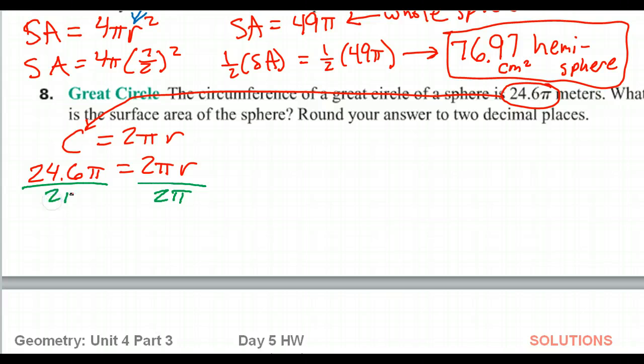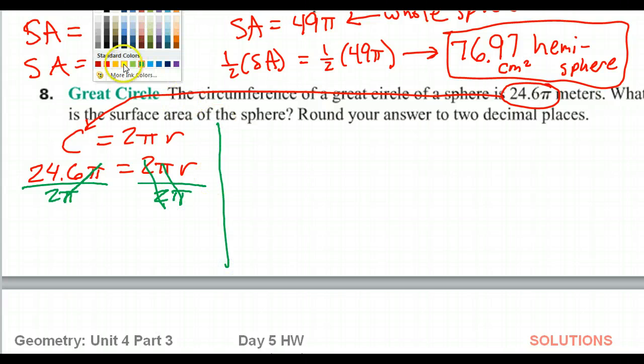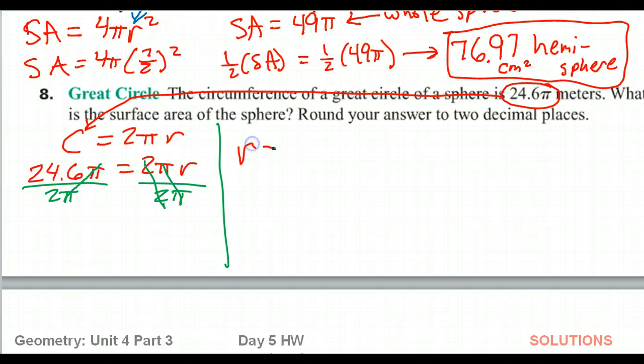Once again, these pi's will cancel out. So this is going to give me that the radius equals whatever this is. I bet it's going to be 12.3. Okay, it should be the radius.